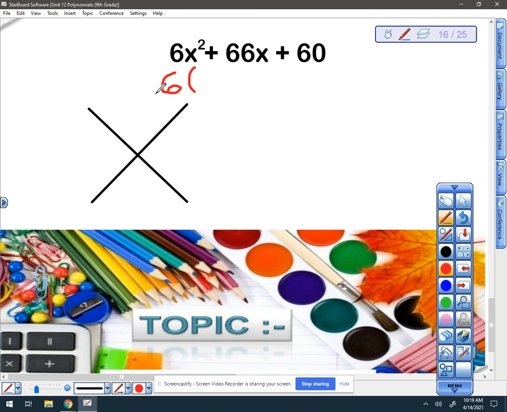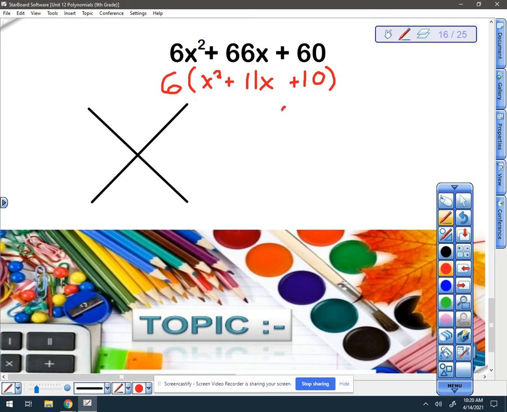So I can factor 6 out of the trinomial, like we learned how to a couple days ago. 6 divided by 6 is 1. So I get x squared plus 66 divided by 6 is 11x. And then 60 divided by 6 is 10.